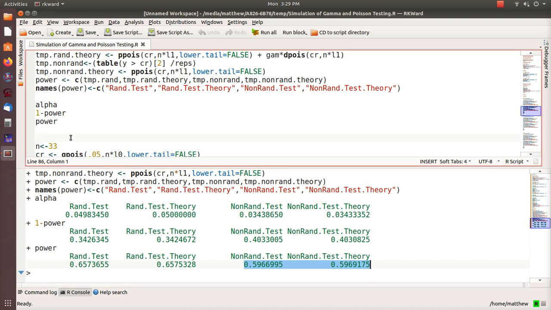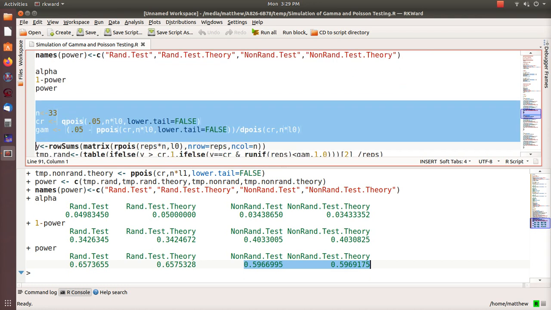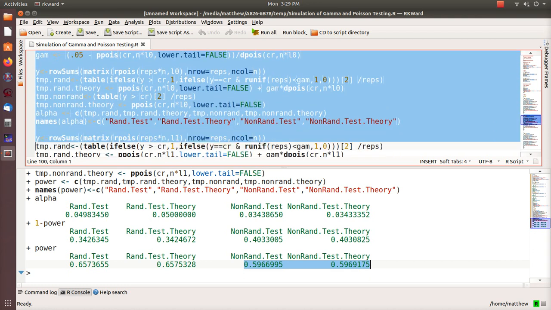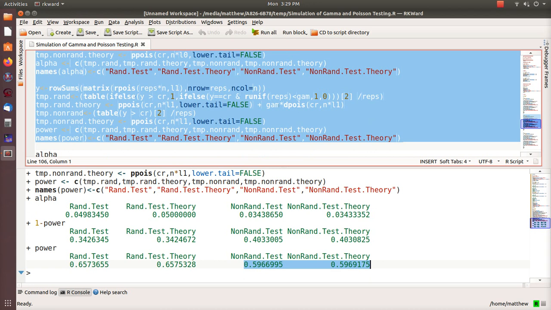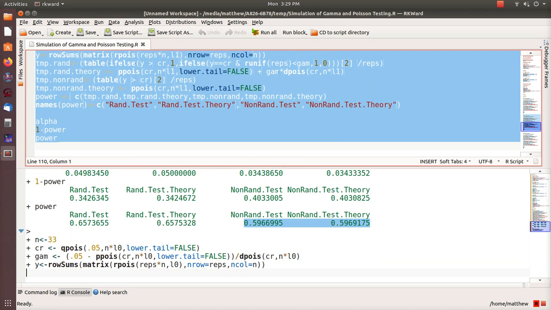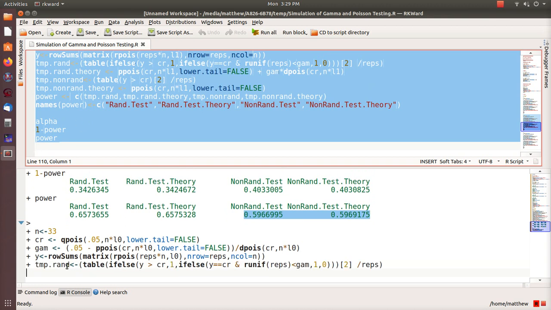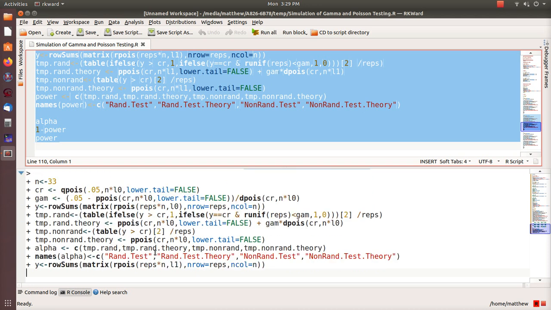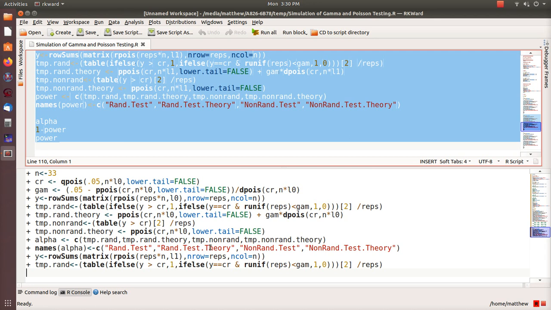So let's increase the sample size from 20 to 33 and see if it increases the power from 65 and 60% to something more. So I just ran that, and it's crunching those numbers. It paused when it created that big 2 million by 33 matrix and took the row sums. Now it's doing it again under the alternative hypothesis, and then it just goes.